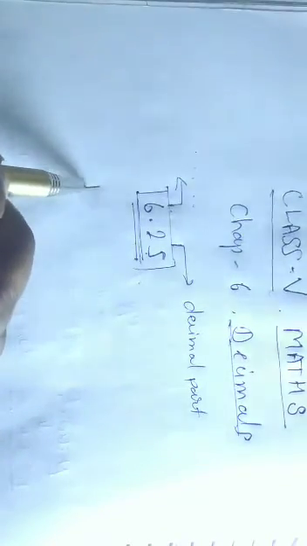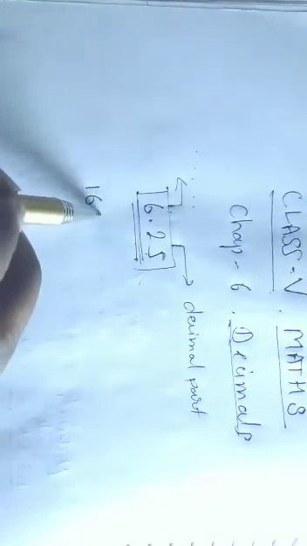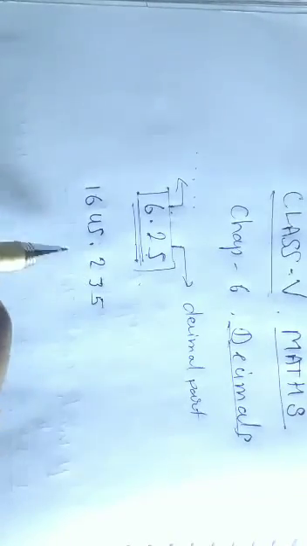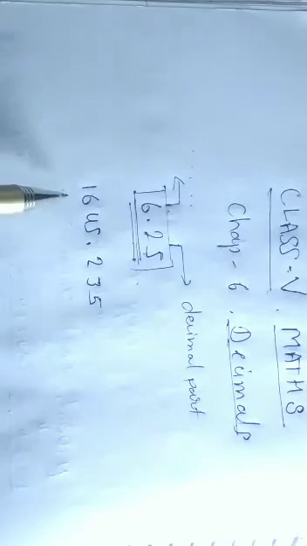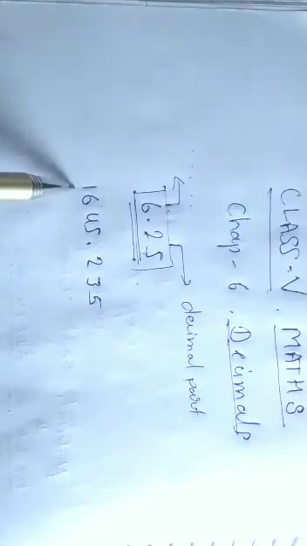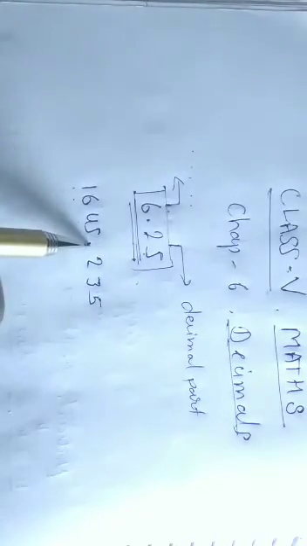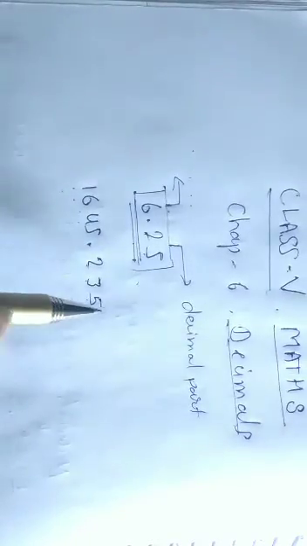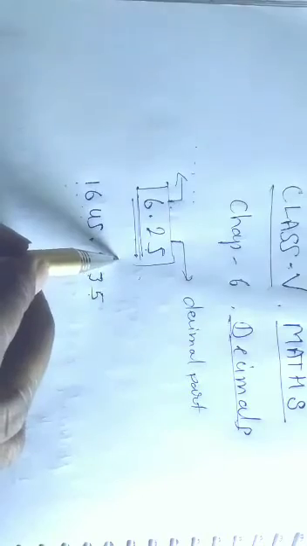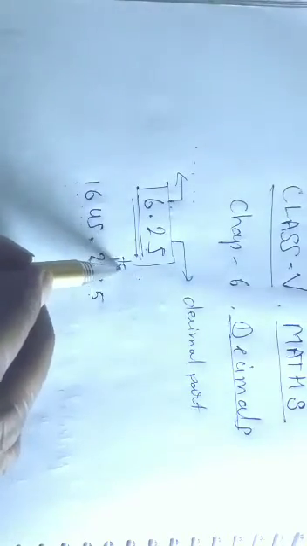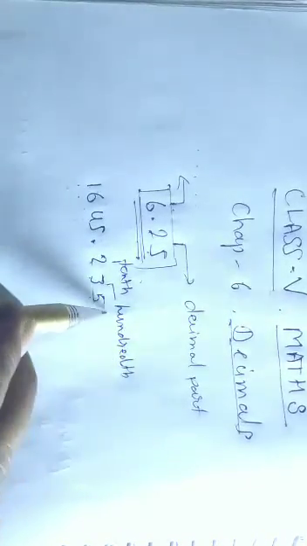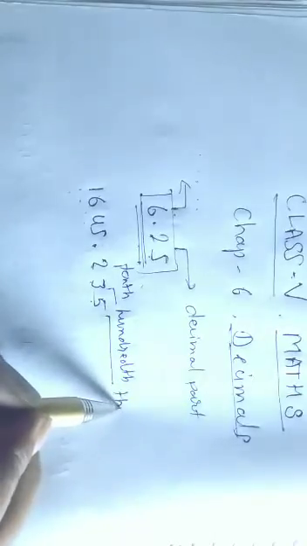Take another example. This is 1645.235. This number will be read as 1645.235. So this is called tenth, this is called hundredth, this is called thousandth.